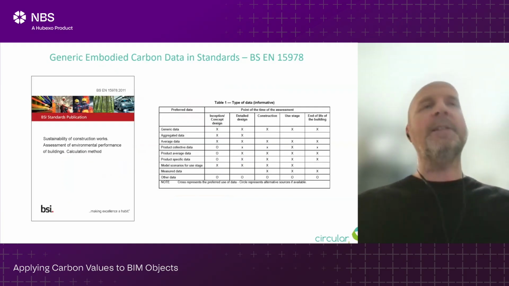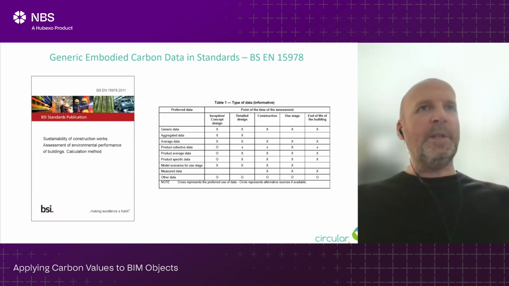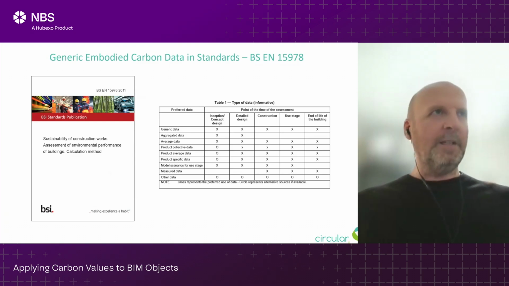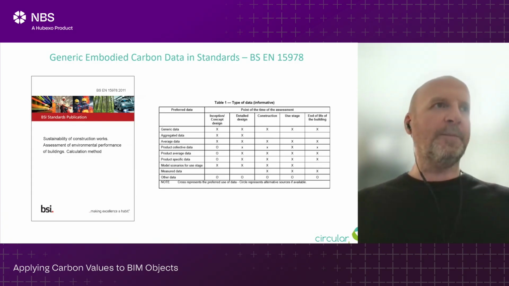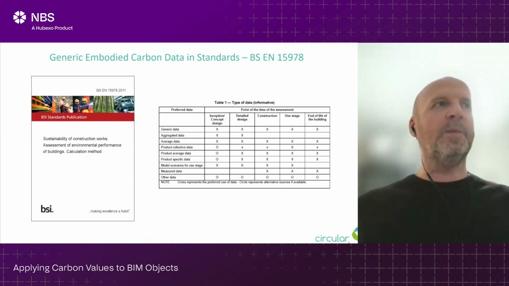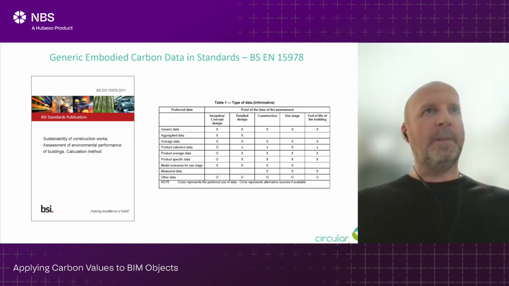Now, in terms of standards in this space, one of the most important standards, certainly for European audiences, is EN 15978:2011. Now, this is the British standard version on the cover there, but it's actually a European-wide standard that has been implemented across Europe.